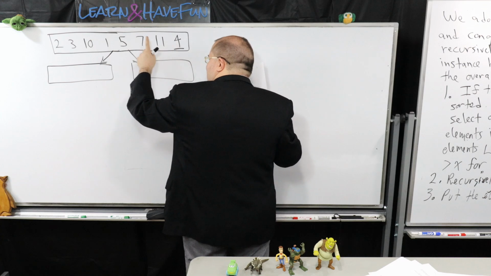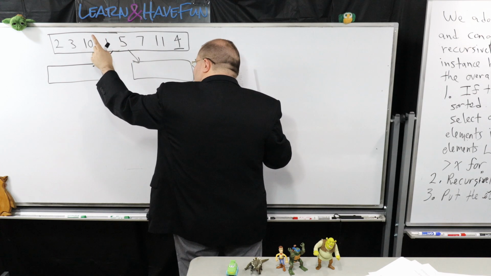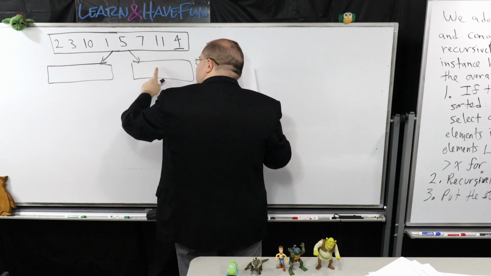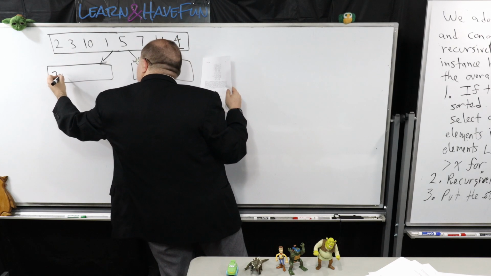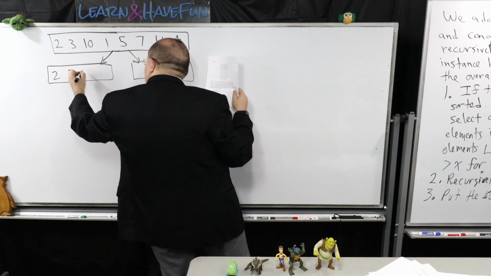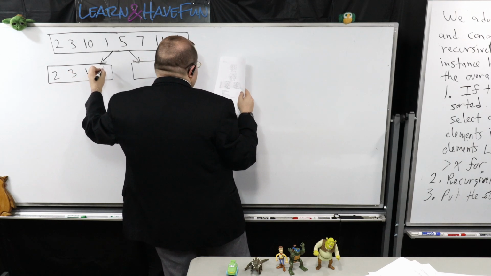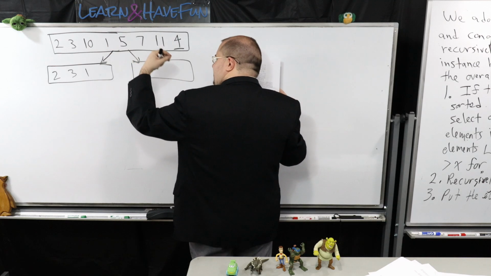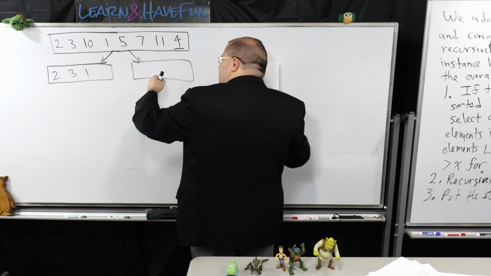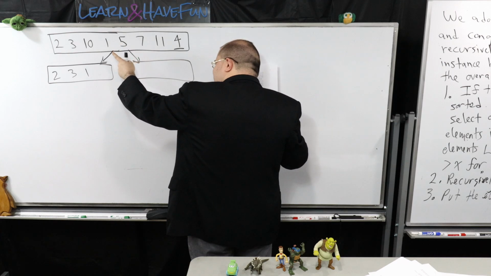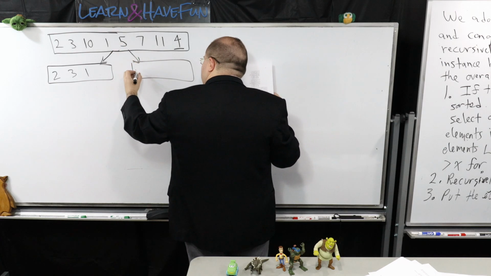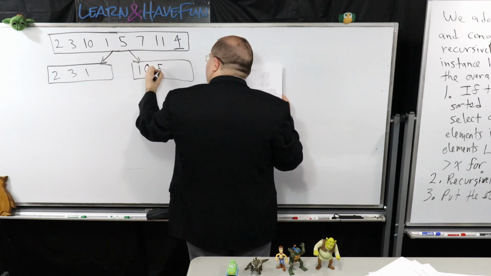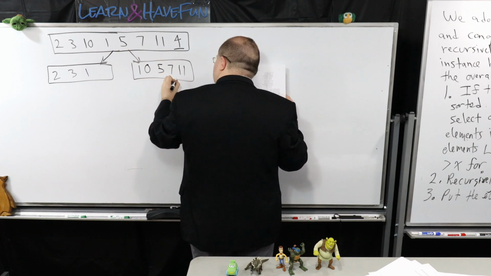I'm going to put all the elements that are less than or equal to 4 in L, and in this one I'm going to have all the ones that are greater than. So 2, 3, 1. Then, just for the sake of simplicity, I'm going to scan through these. There's a more effective way of doing this that I'm going to show you. So we've got 10, 5, 7, and 11.